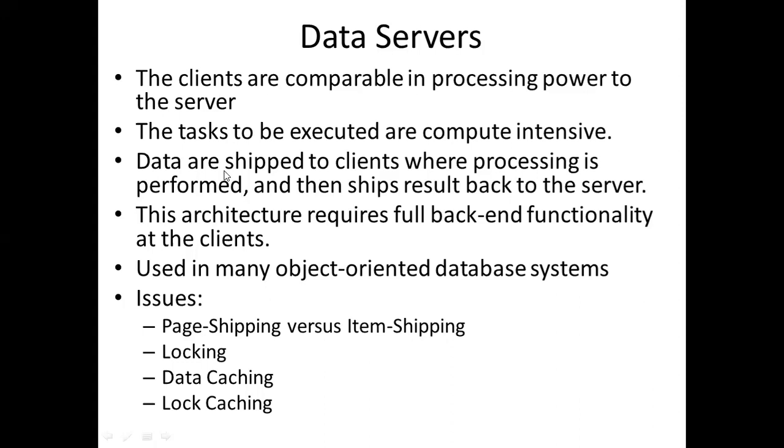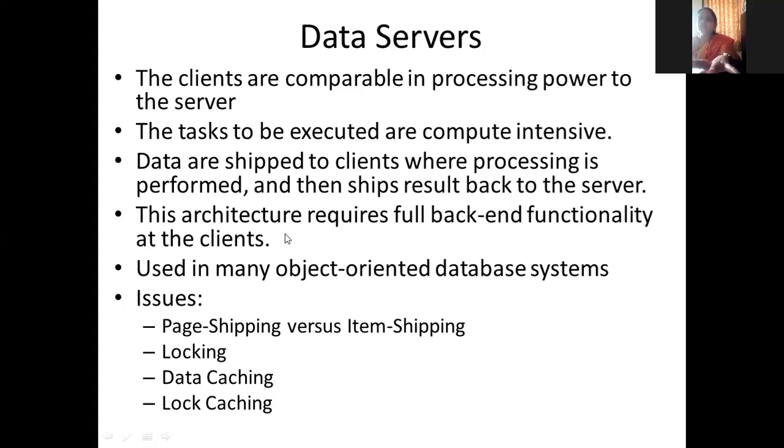But in this case, the data server, the client also has the processing capability to execute a transaction. But when executing a transaction, the client wants data for performing that transaction. So the client requests data from the server, the data is shifted to the client where processing is performed, and then after processing the transaction, the result is sent back to the server side.